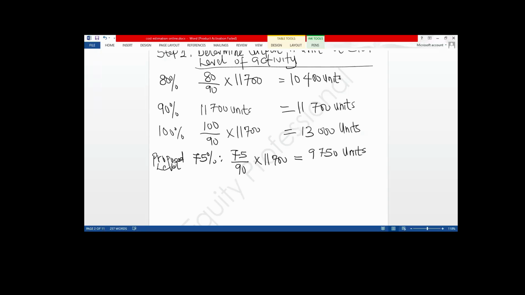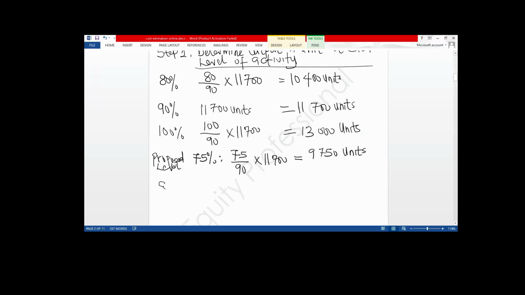For those that were in class last week, whether in my physical class or the online class, I emphasized that for you to estimate cost, you must understand cost behavior. Under cost behavior, you can have variable cost, fixed cost, and mixed cost. So step number 2, we are going to test for cost behavior.